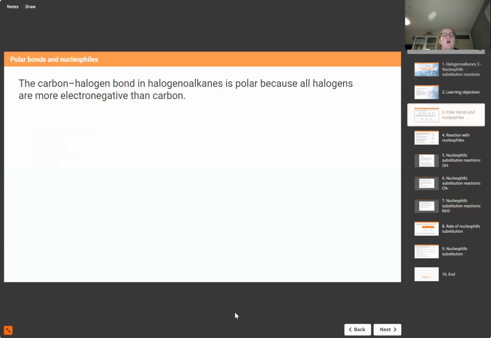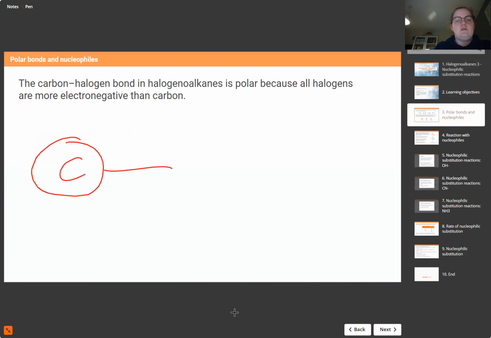So the carbon-halogen bond in halogenoalkanes, you often see it drawn like this. You'll have a carbon bonded to X, because that's how we normally do it.